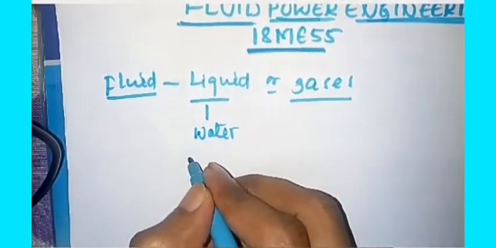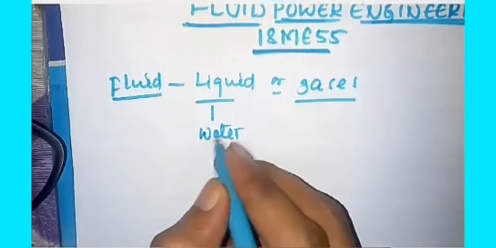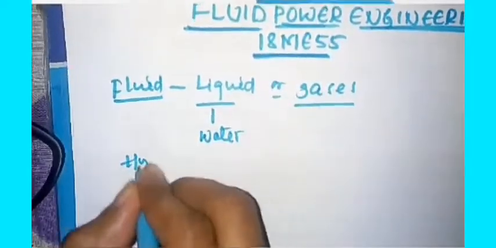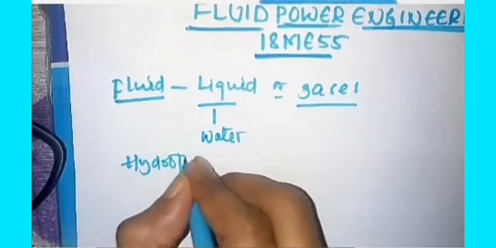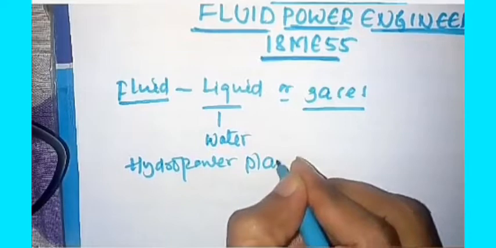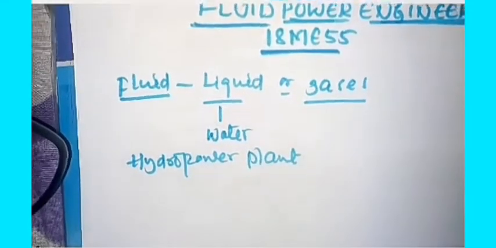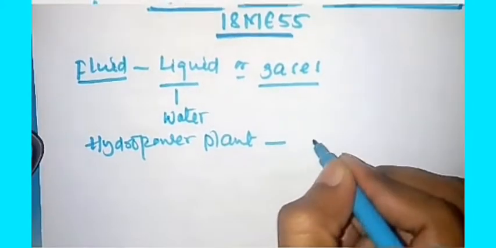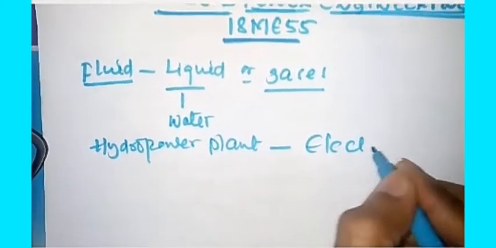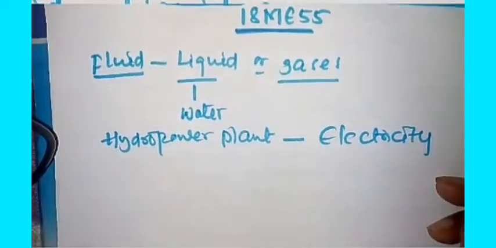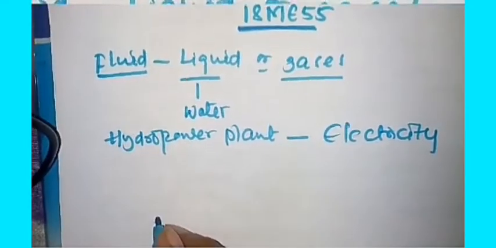Let me explain with one simple example. Let us take a hydropower plant. In a hydropower plant, we are mainly generating electricity. How are we going to generate that electricity? That is by fluid.